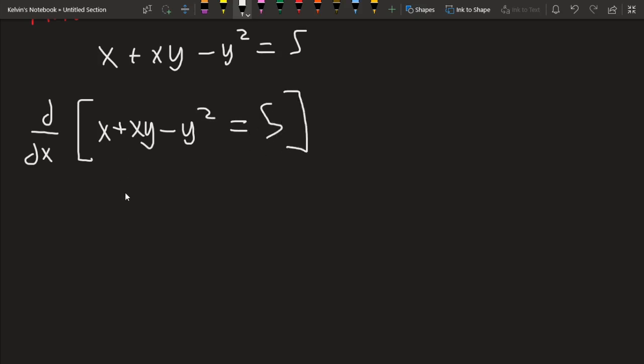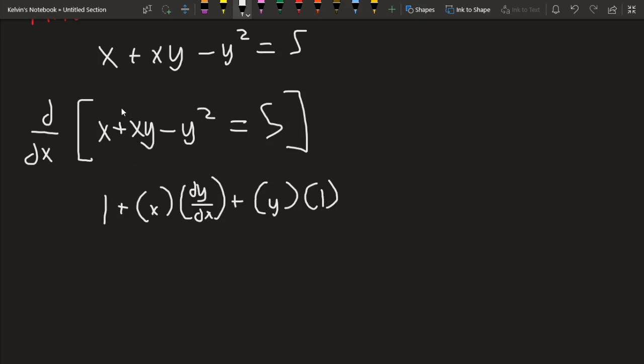So if we were to find the derivative of this, we just find the derivative of x, that's 1, plus xy, and here we'd have to actually use the product rule. So the first term is x, and take the derivative of y, which is dy dx, plus, and we take y, just because the second term is y, and we take the derivative of x, which is 1.